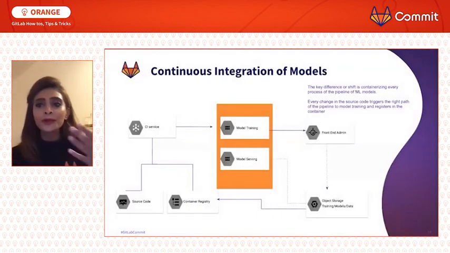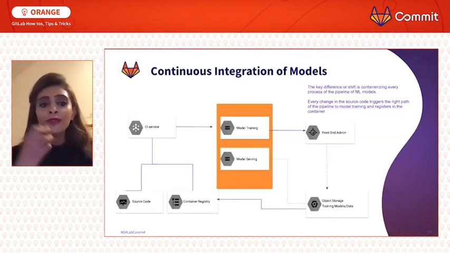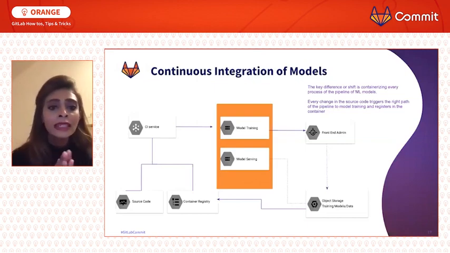So all in all, what we saw was the need to have an orchestration and integration of all of these different phases and steps that go into building a model.